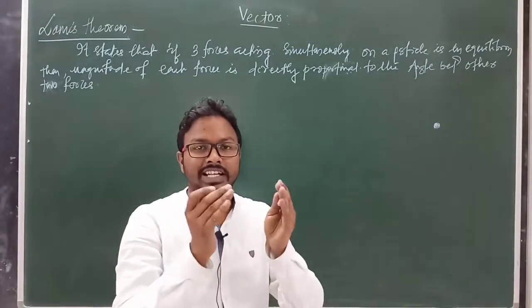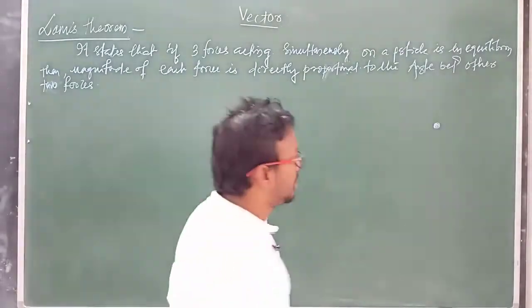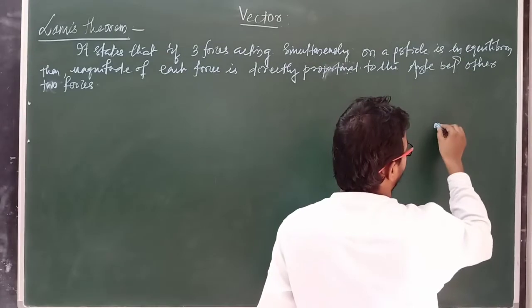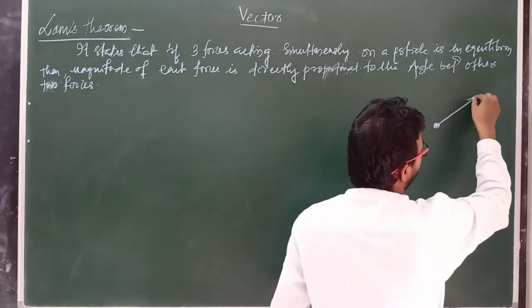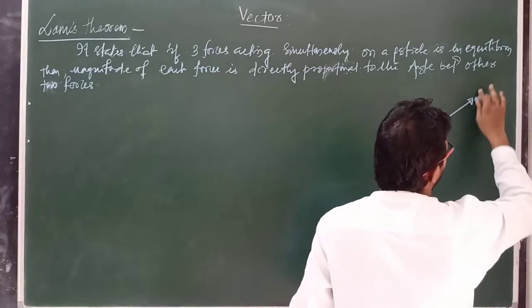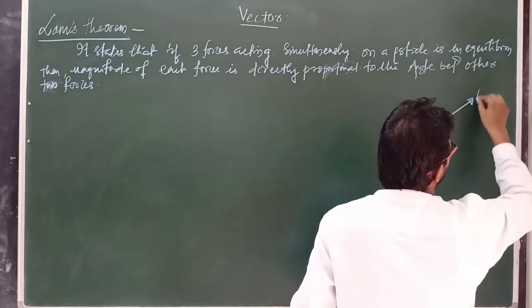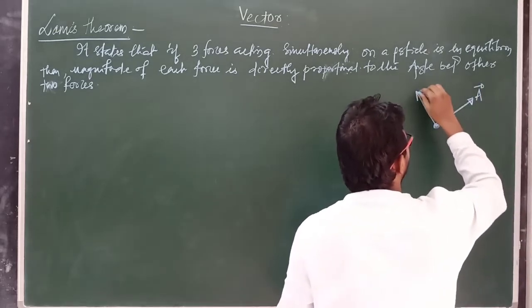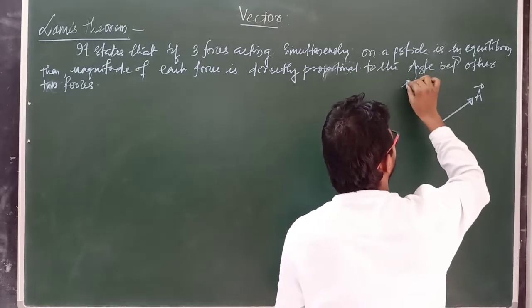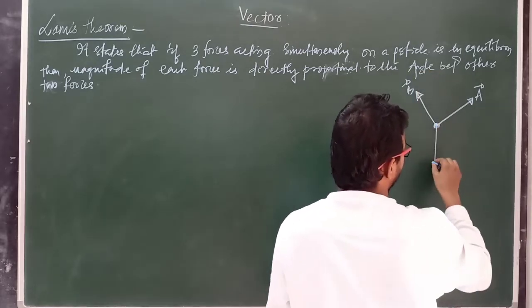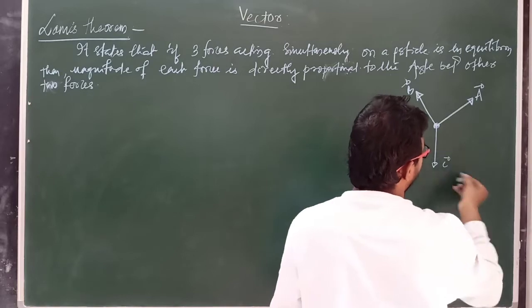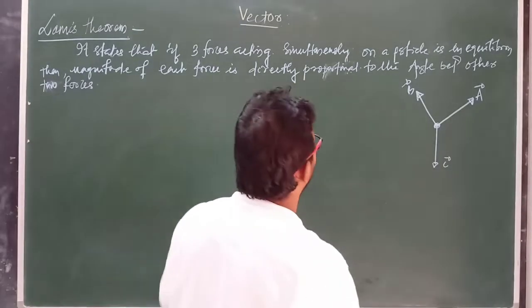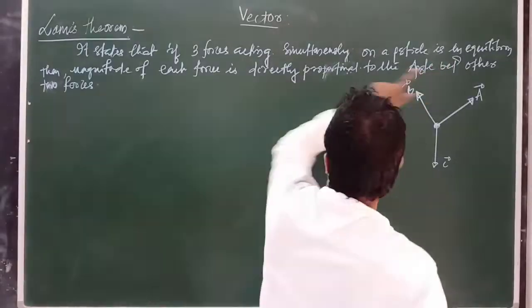Simultaneously means at one time, three forces act on one particle. Suppose there are three forces I am writing here. Suppose one force in this direction, this force is A, another force in this direction is B, and another force in this direction is C. Simultaneously means at one time. So according to the definition, the particle is in equilibrium condition.